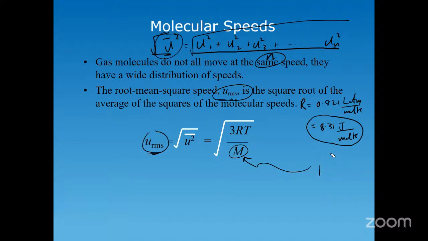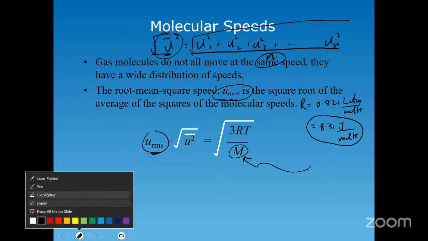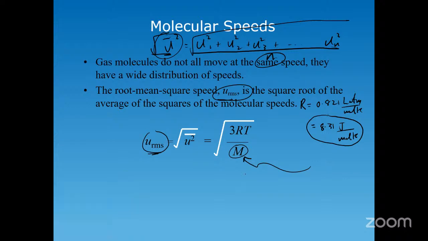What I should have said is that we're familiar with the molar mass units being expressed in grams per mole. But in this case, you're going to use kilograms per mole. So kilograms per mole must be the units of the molar mass that you're going to use if you're going to use this equation to calculate the root mean square speed.